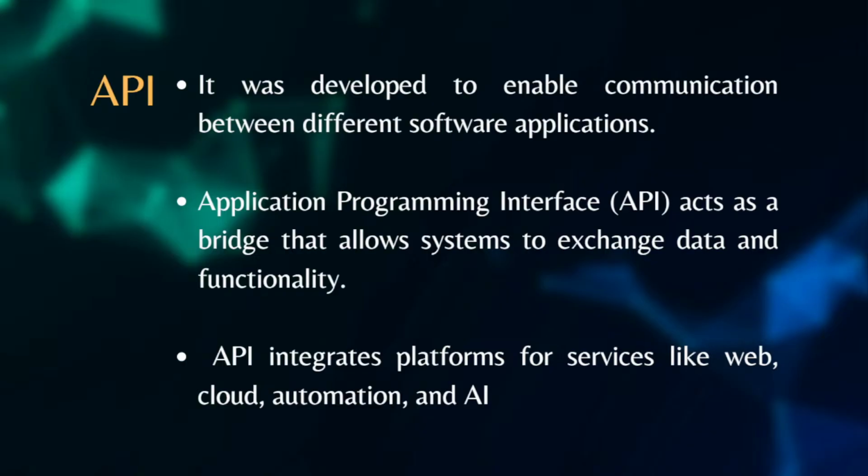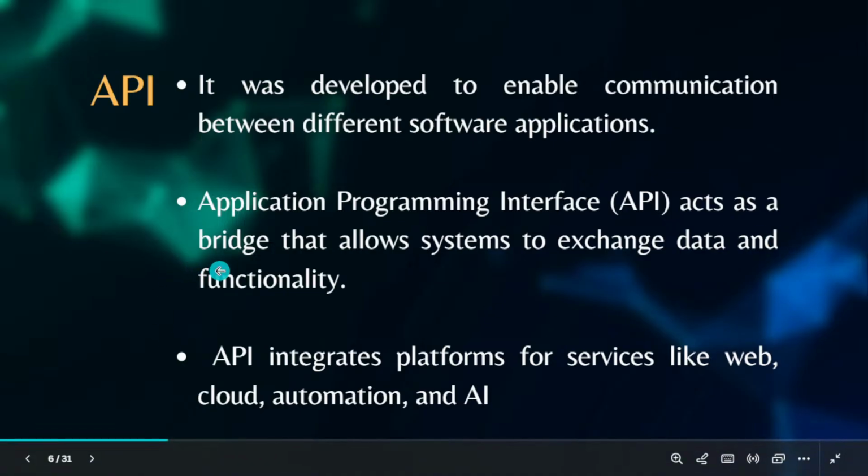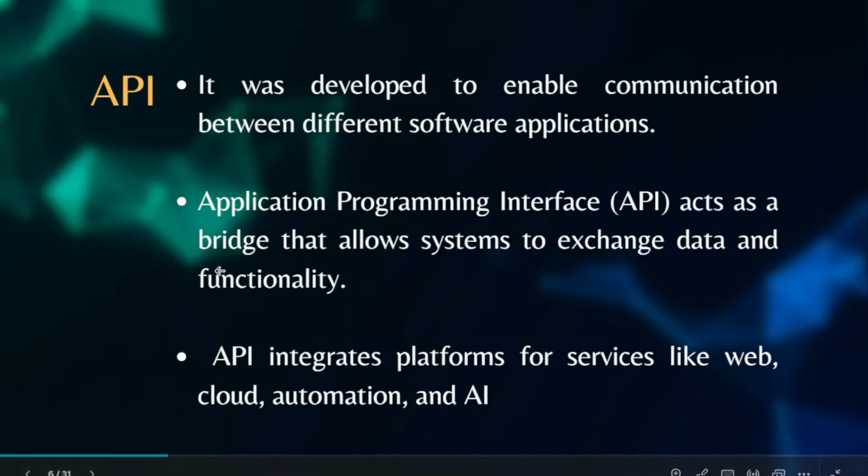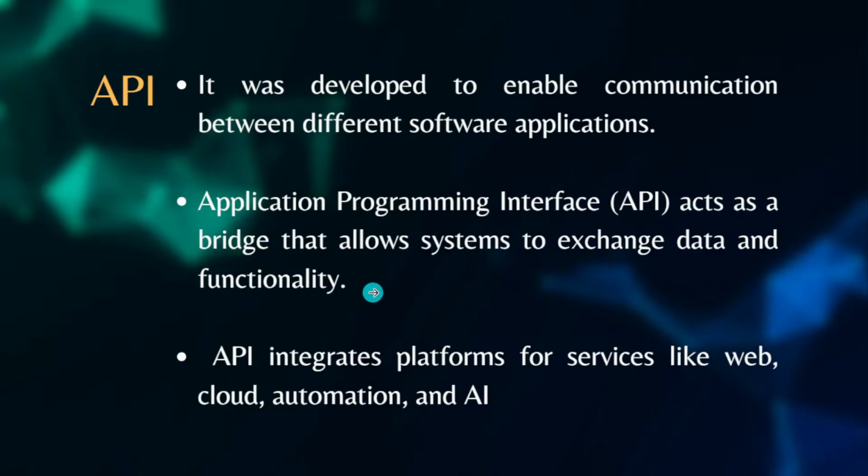Whenever we connect two software, we use an API. It acts as a bridge that allows systems to exchange data and functionality. It is the intermediate between the two software, and it transfers the data from one to another.